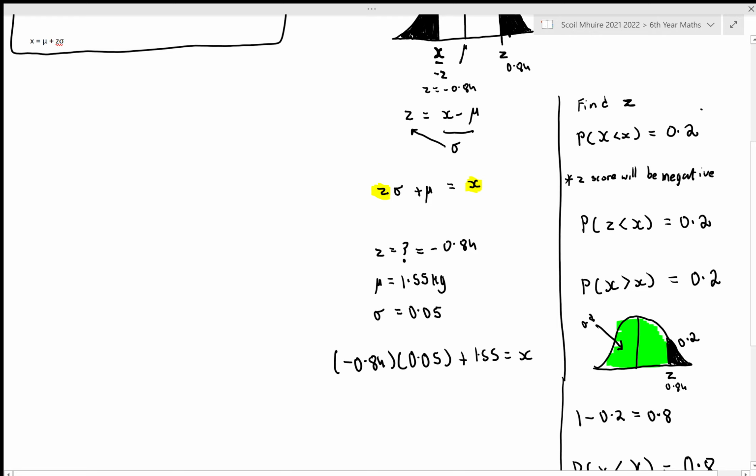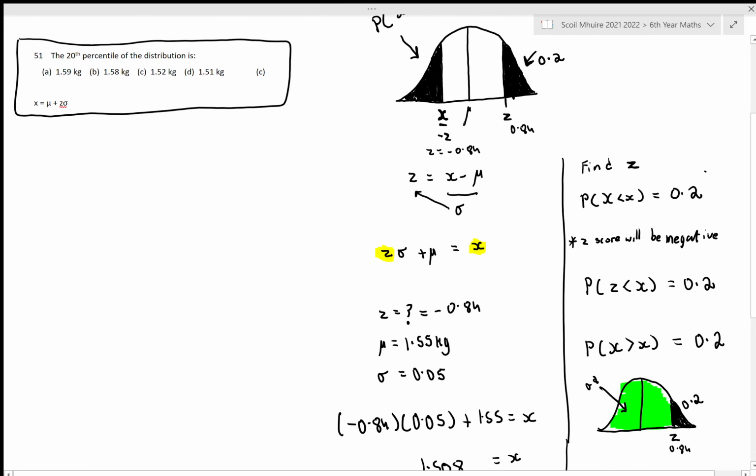Just multiply that all together now: minus 0.84 times 0.05 plus 1.55, which gives you a weight of 1.508.